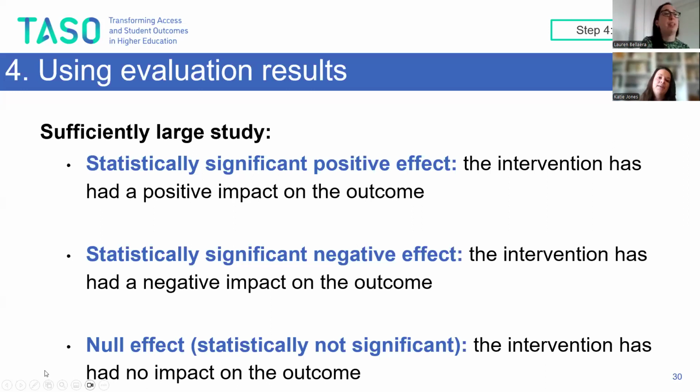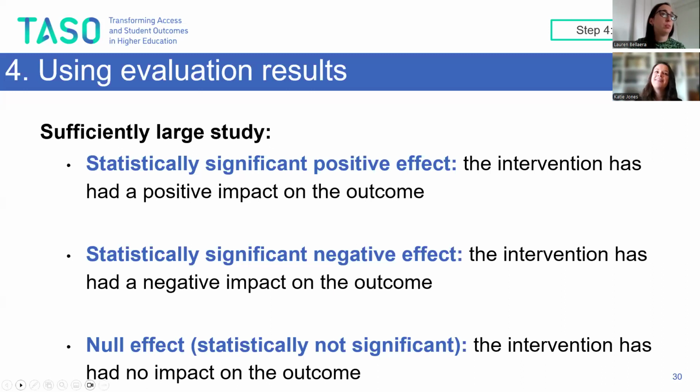So perhaps there were design issues with your evaluation, or perhaps you weren't measuring the outcomes appropriately. So with this in mind, you'll need to do very careful interpretation of your findings to come up with reasons why you've got these outcomes. And it essentially adds caveats to what you're able to say about the impact of your programme.